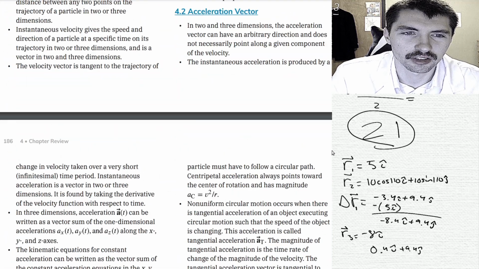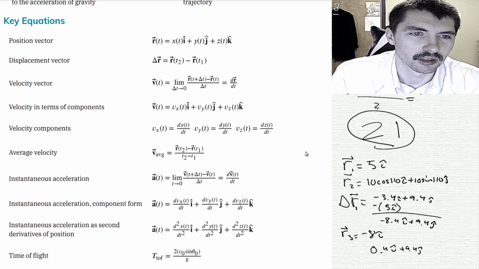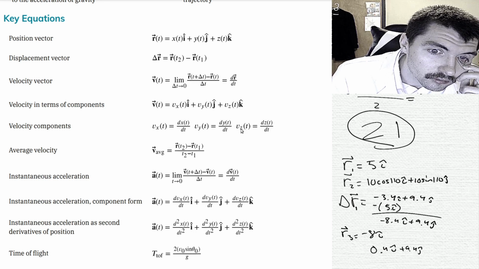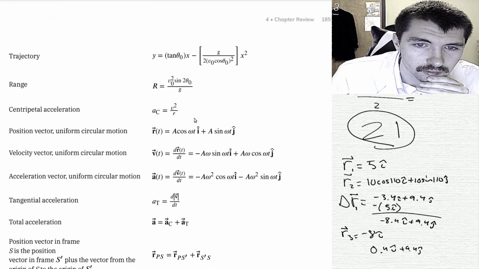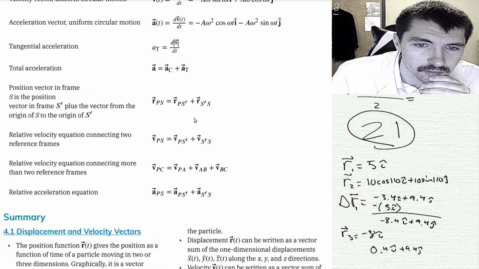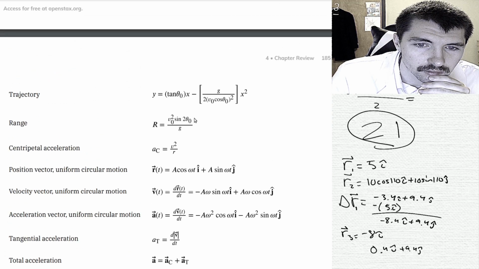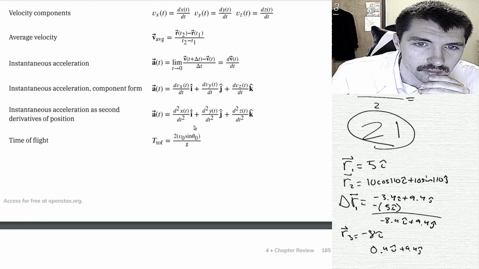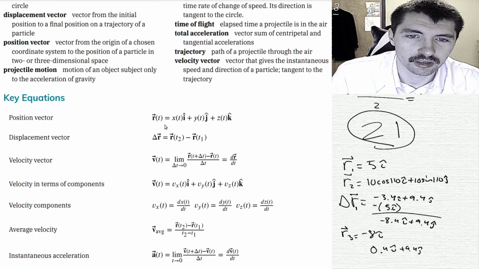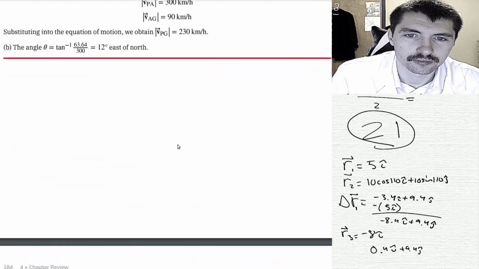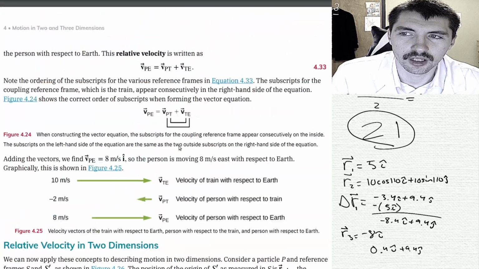Okay, so they're doing a sum of displacements. Delta R. I think they have it.